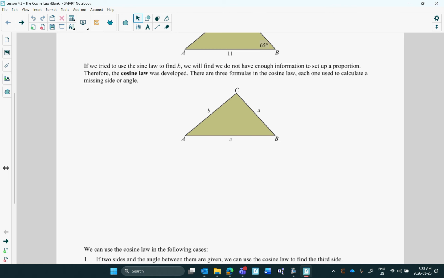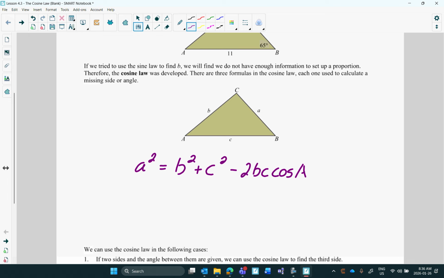If you want to find a side, let's say I want to find little a. Little a squared is going to equal the other two sides squared added together, minus 2 times those two other sides together, times the cos of the angle opposite little a, the side we're trying to find.